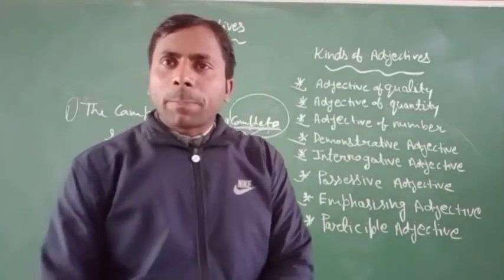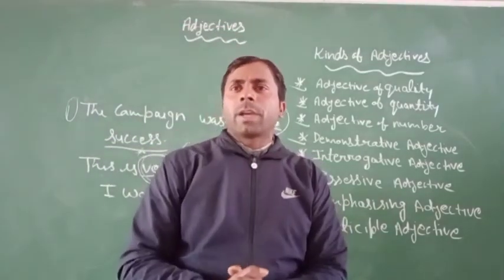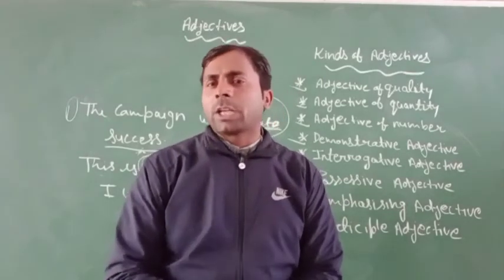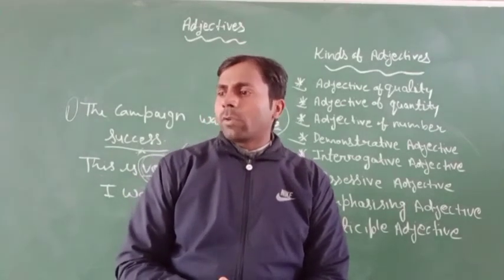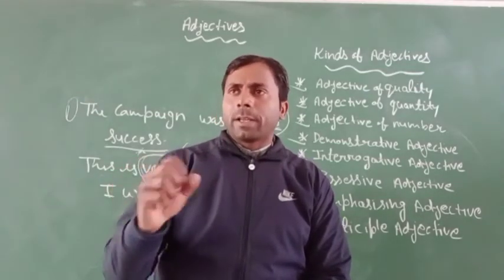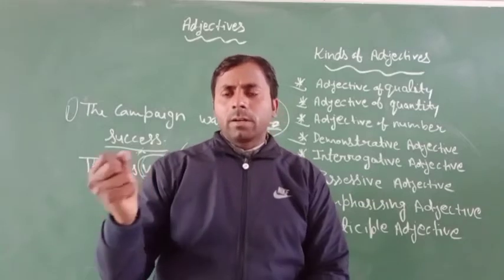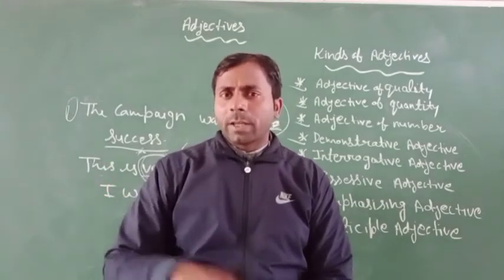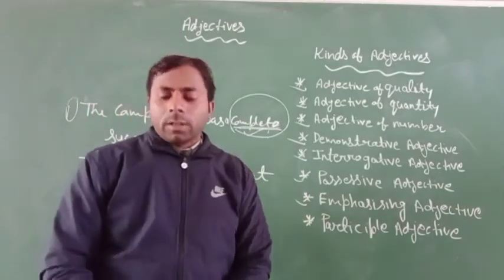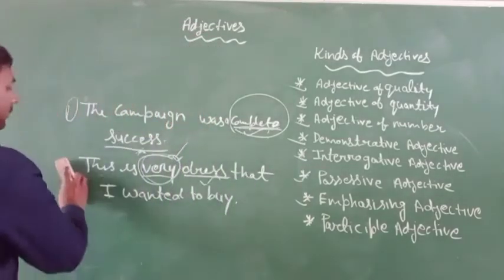The present participle and the past participle, when used as an adjective, are called participle adjectives. When I told you about finite and non-finite verbs, I also told you about the participle and gave some examples.